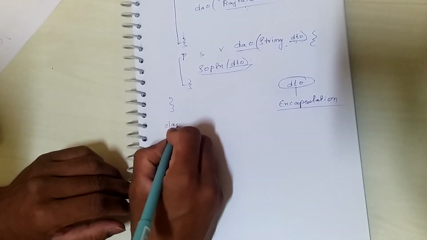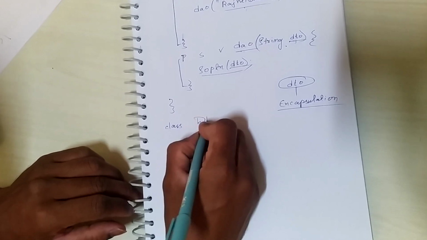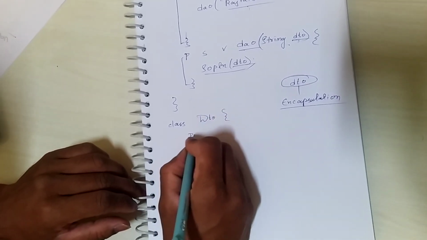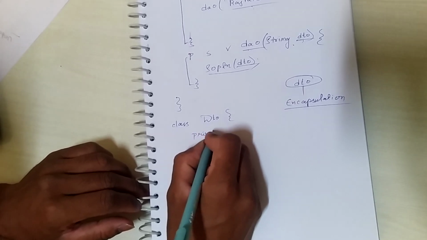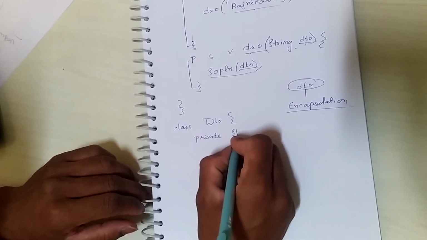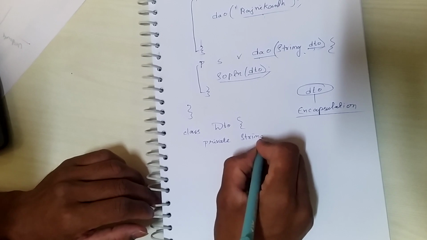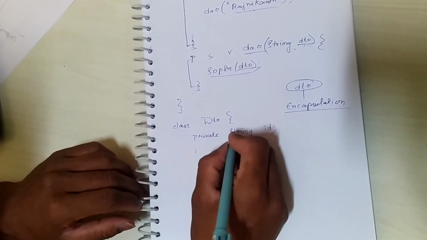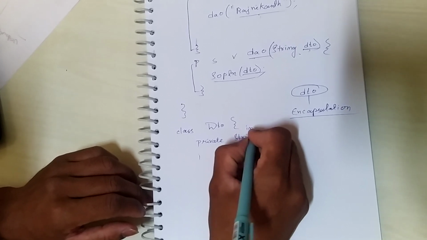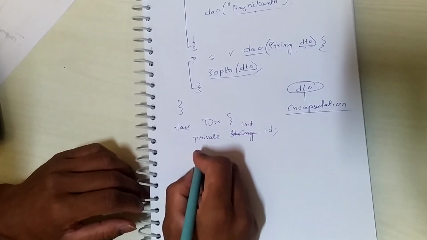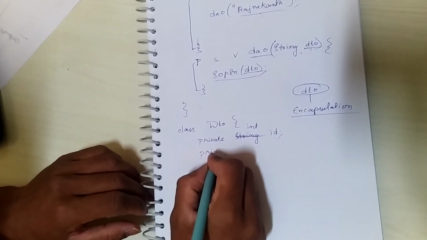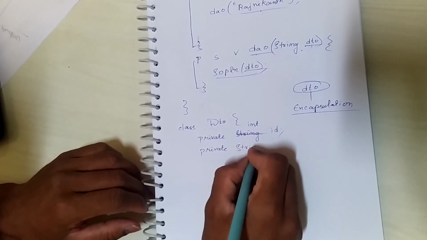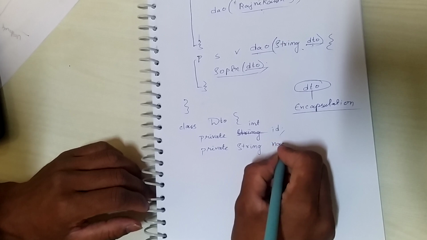I will declare one class, DTO, and declare variables as private: an integer id, and a private String name.